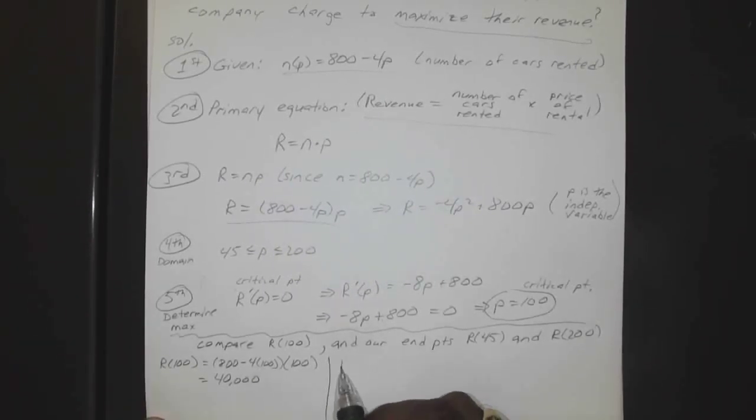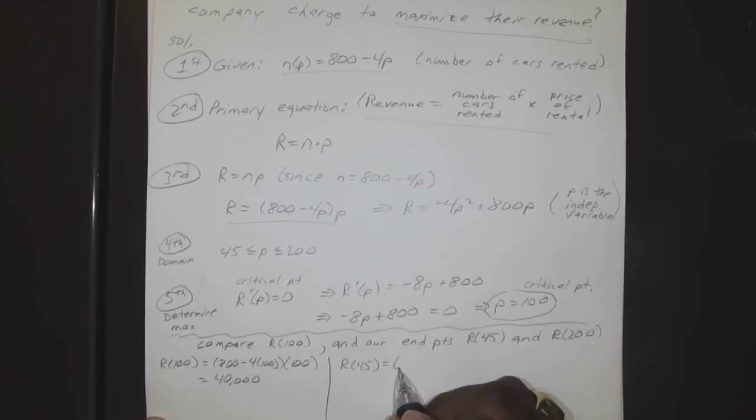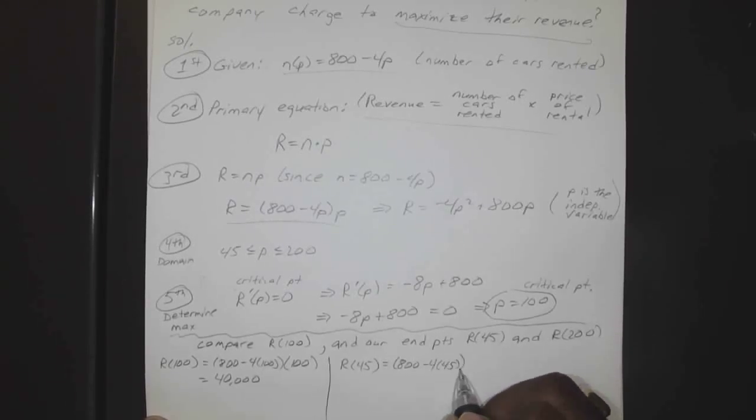Okay, so now we want to compare it to R of 45, which is 800 minus 4 times 45, times 45. And plugging that into your calculator, you get 27,900.